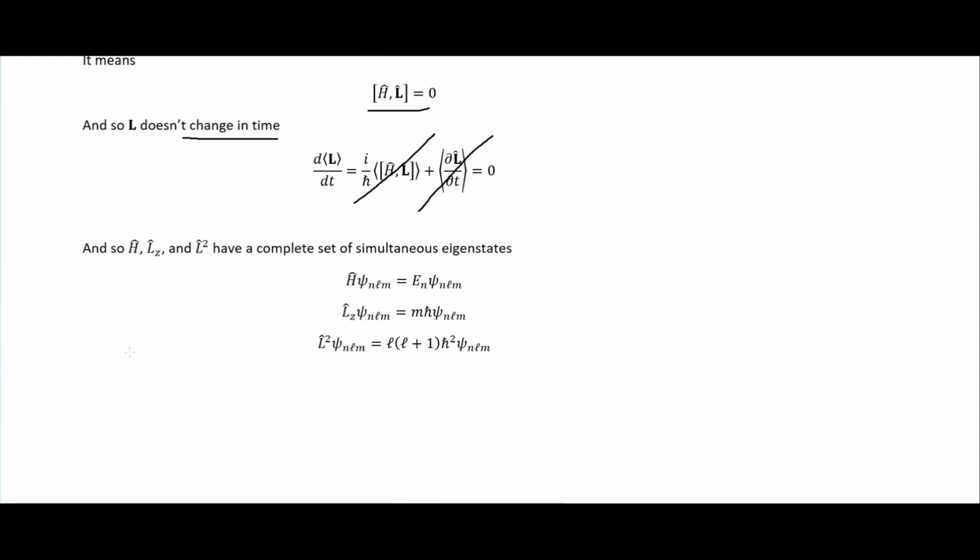And so the H hat, the LZ, and the L squared have a complete set of simultaneous eigenstates. And so we have this as our Hamiltonian acting on the wave function, then our LZ angular momentum, then our L squared angular momentum. And so we see where we get the energy, we get the M, and we get our L's here.